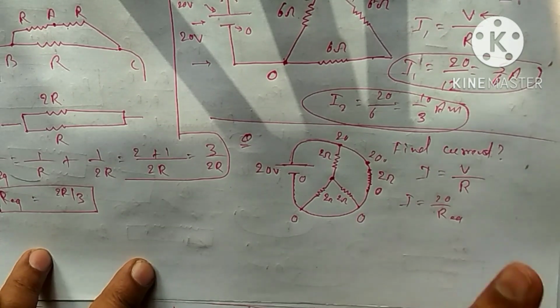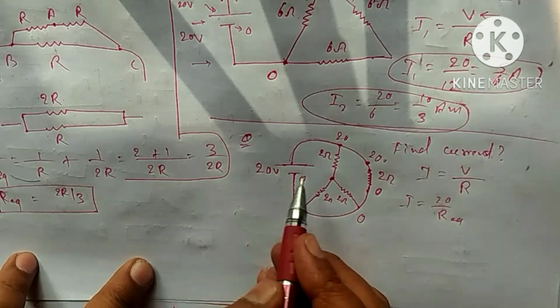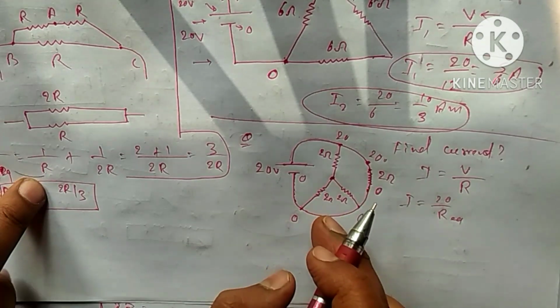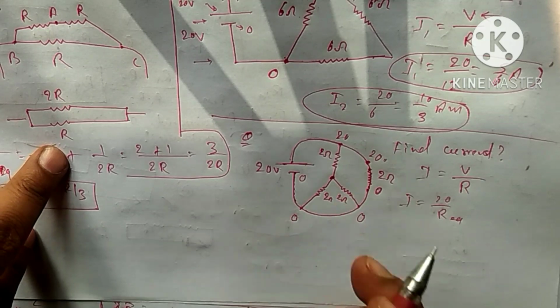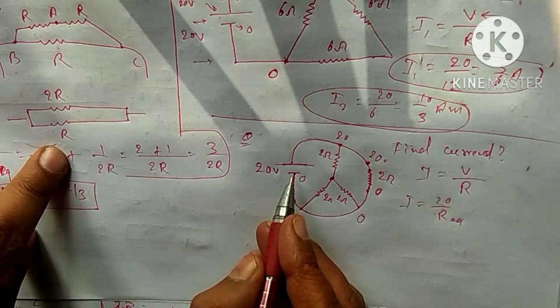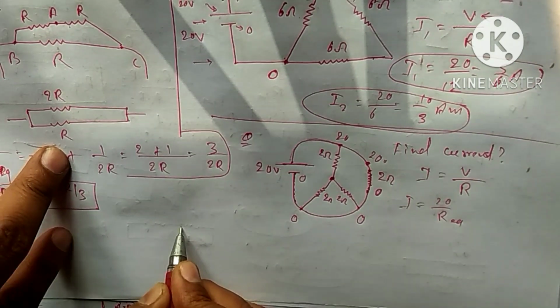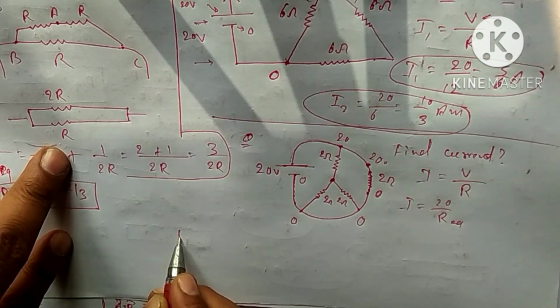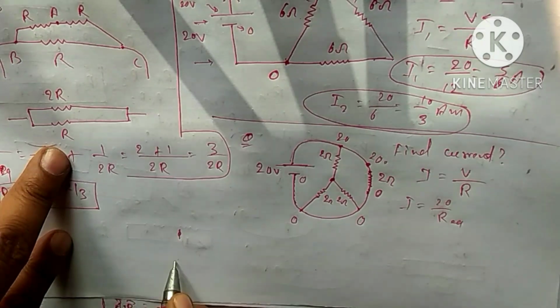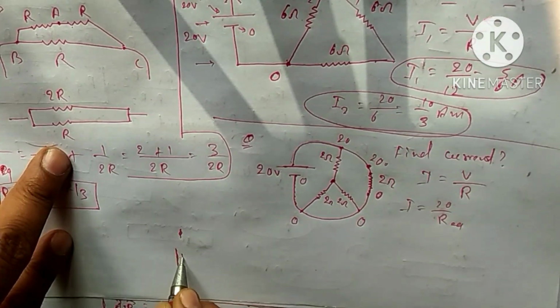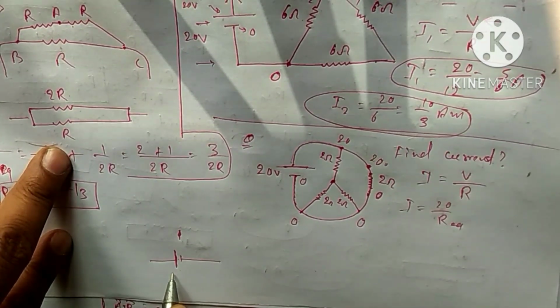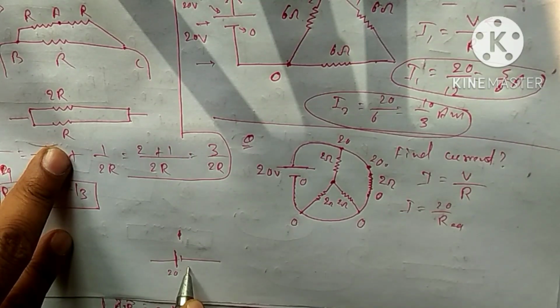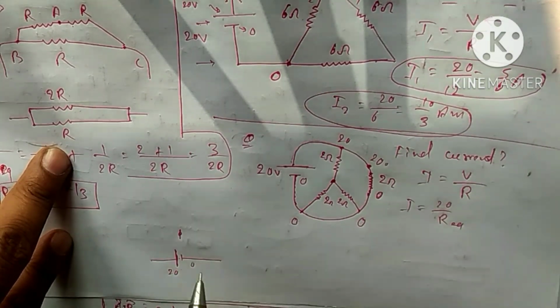Now look at the figure. Now again we can rearrange the resistances between the 20 volt and 0 volt. Here is our battery, that is the 20 volt, and also 20 and 0.